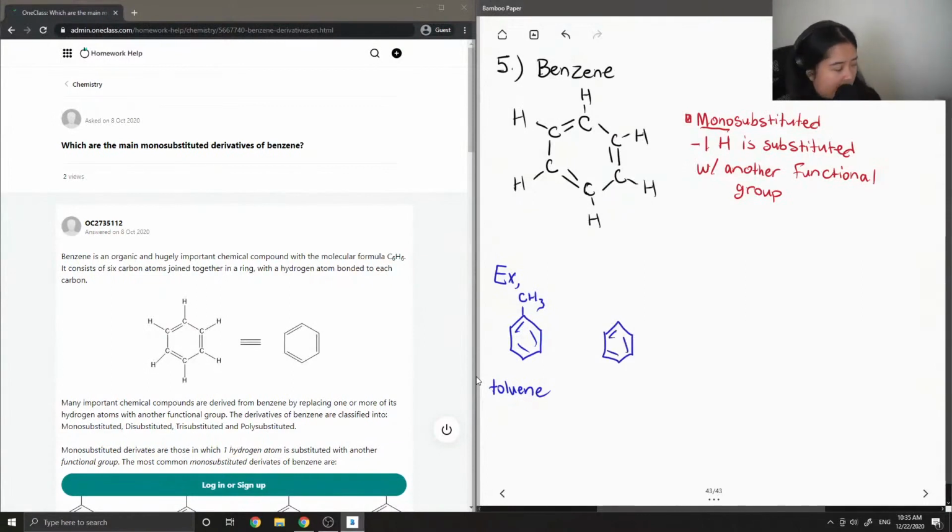If the benzene ring had a chlorine group, this is chlorobenzene. And similarly, if the benzene had a bromine group, this is just called bromobenzene.